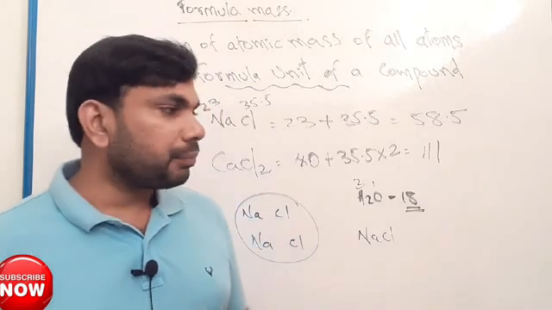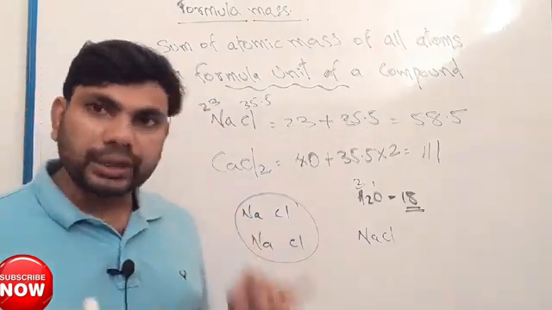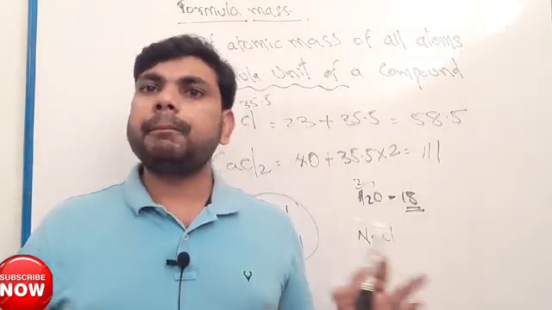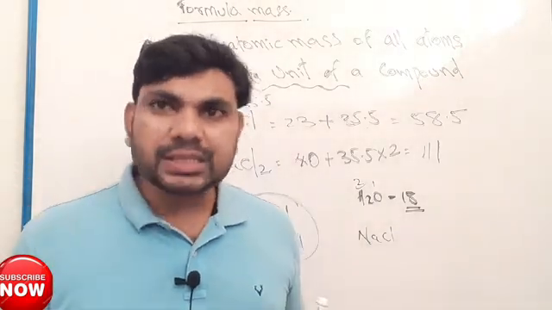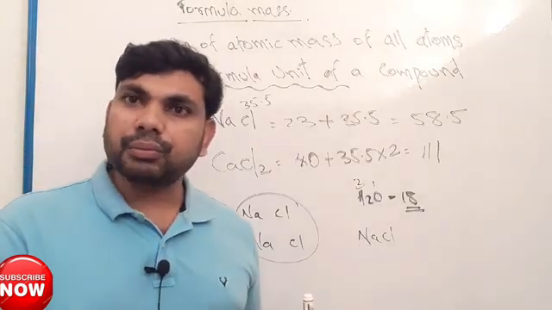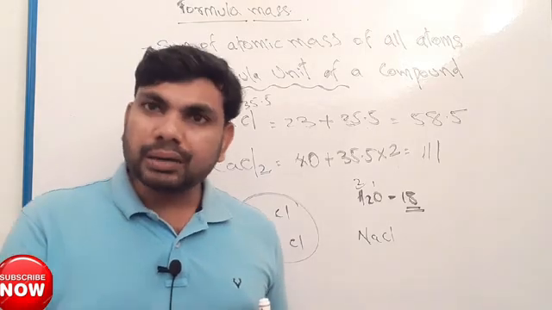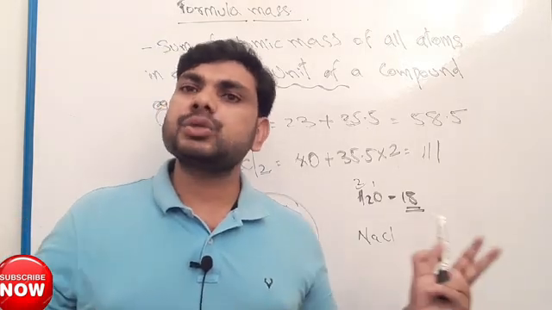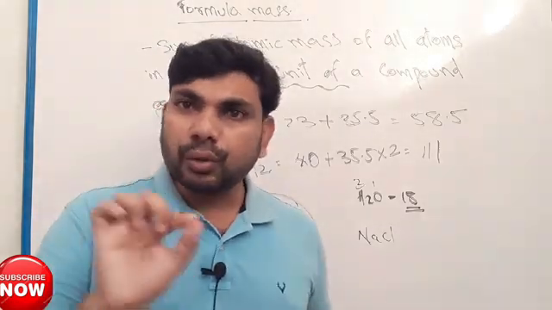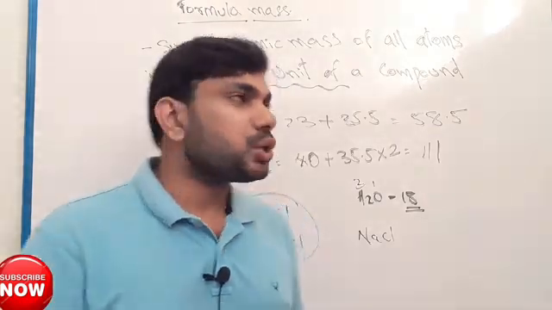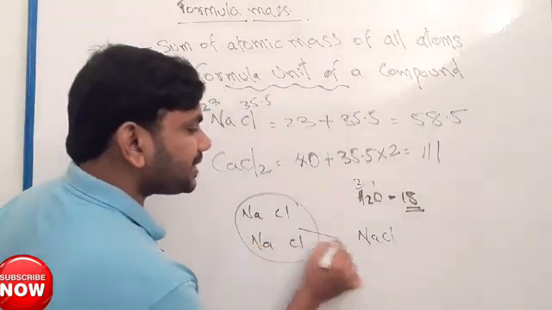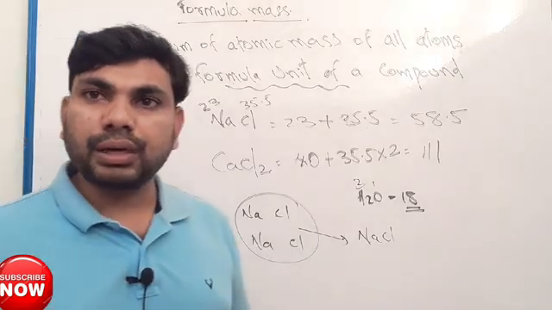Now you understand, when you take this type of compound, sodium chloride, even one molecule of sodium chloride contains many sodium, many chlorine. So we cannot say the molecular formula of sodium chloride is NaCl. Because one molecule of sodium chloride contains many sodium, many chlorine, we say formula unit, not molecular formula.